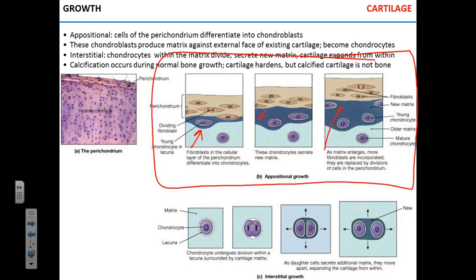You can see it is shown in this dark blue layer. They add matrix immediately next to the perichondrium. Think about this as adding layers of cartilage right next to the perichondrium. Okay?